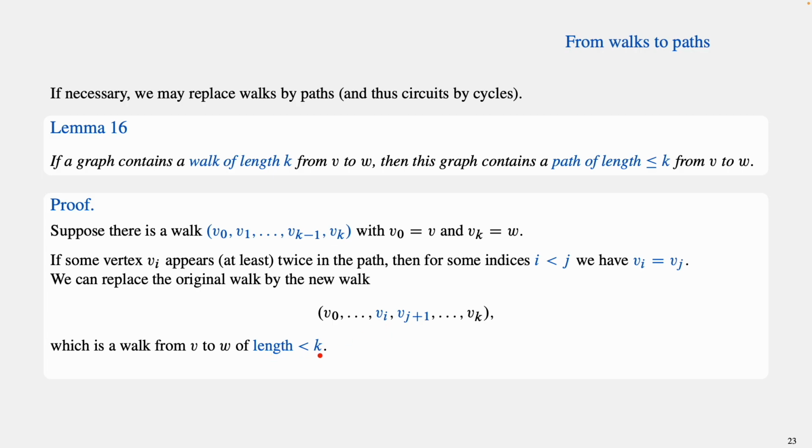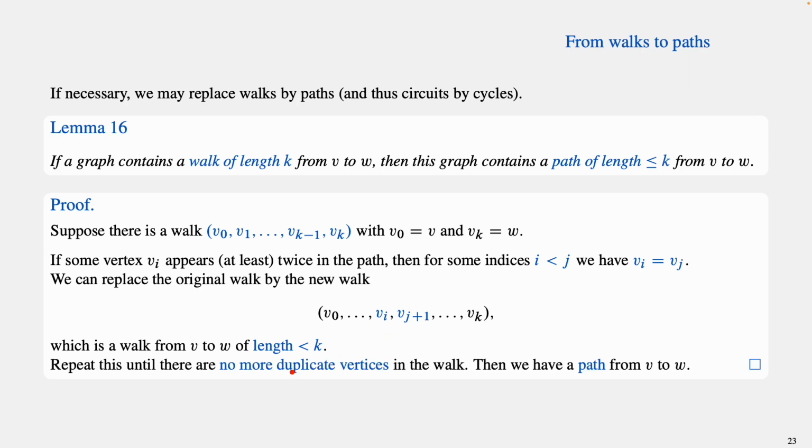So the length is smaller than k in this case. And we repeat this until there are no more duplicate vertices in the walk, and then we have a path from v to w necessarily, because that's just the definition of a path, that every vertex appears at most once.